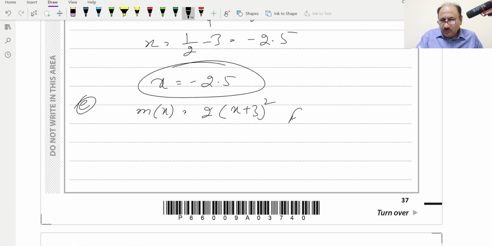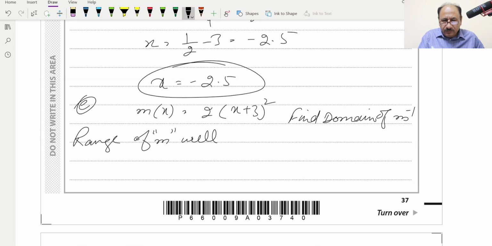We have to find the domain of M inverse. So we should know the rule that range of M will be domain of M inverse.